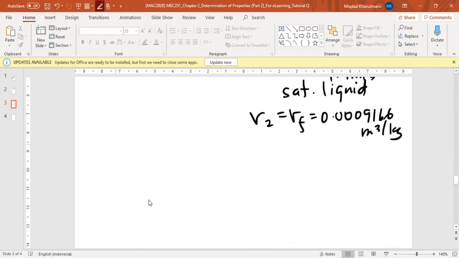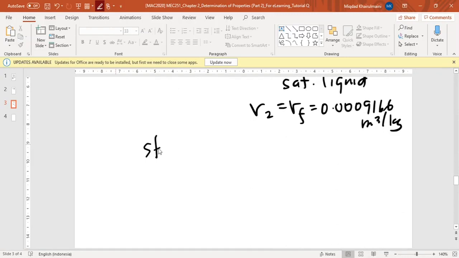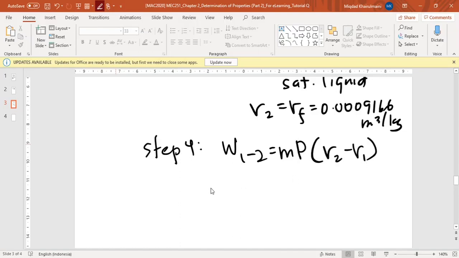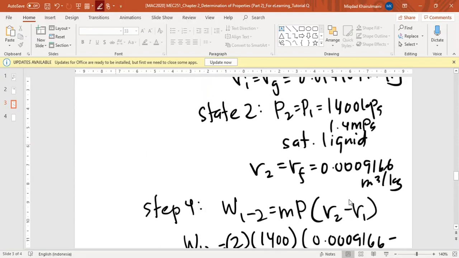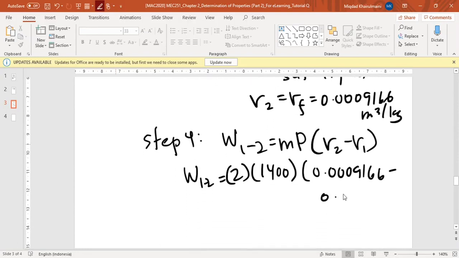For step 4, work 1 to 2 equals mass multiplied by the pressure, times specific volume 2 minus specific volume 1. The values are 2 kilograms for mass, pressure is 1400 kilopascal, specific volume 2 is 0.0009166 minus 0.014107.